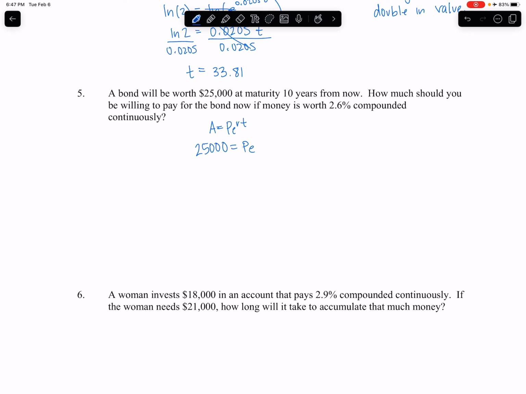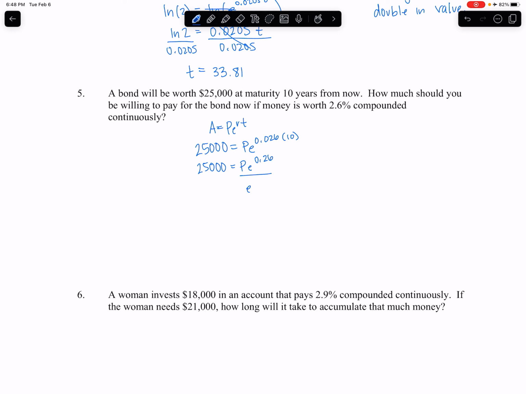The rate being 2.6%, we're going to convert that into decimal, so 0.026, and it says 10 years from now, so we leave it for 10. If we multiply those, we'll have P times e^0.26.